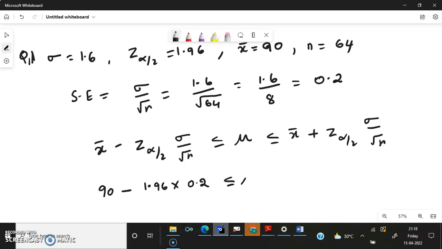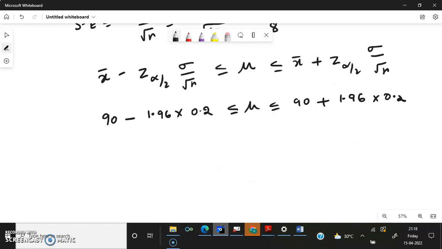Less than or equal to mu less than or equal to 90 plus 1.96 into 0.2, right? So what will you get? Some centimeters, right? That is 89.61 less than or equal to mu less than or equal to 90.39.